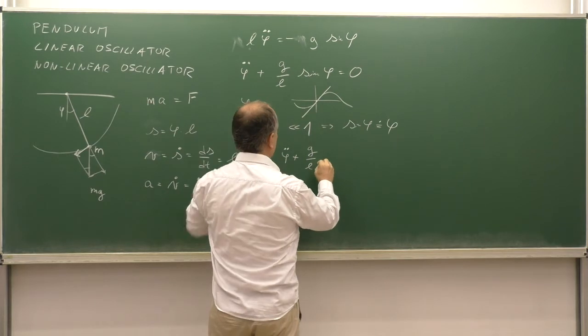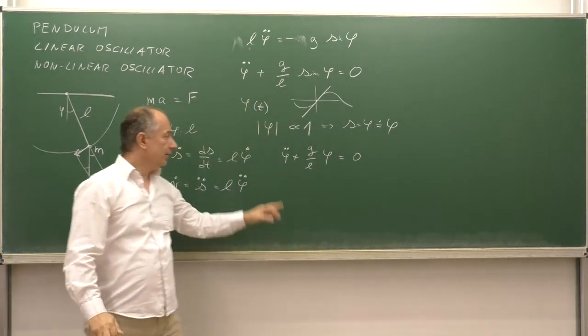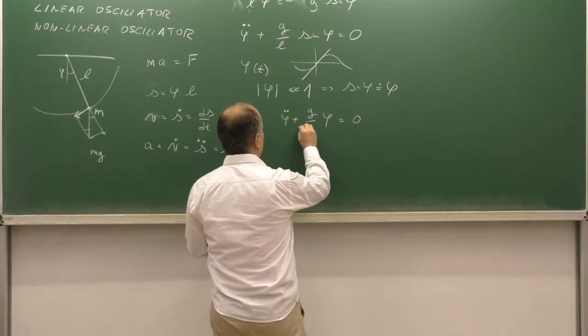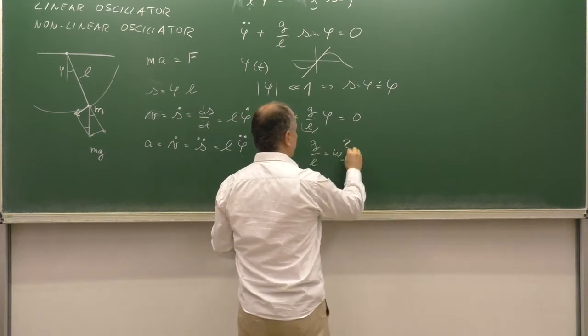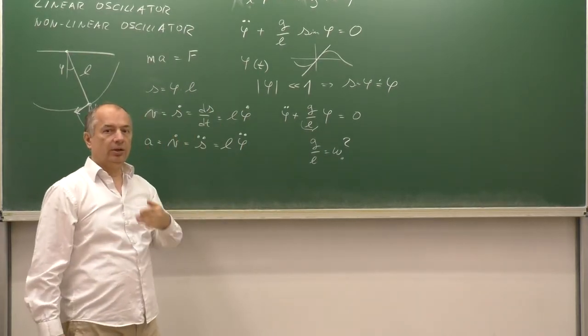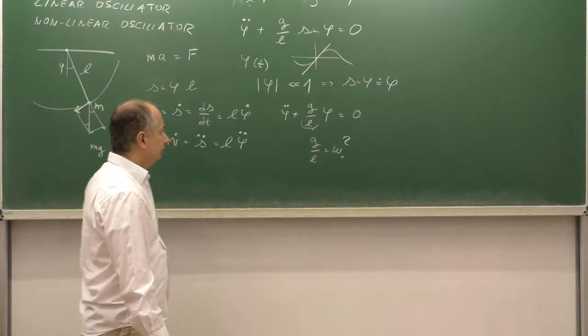Instead of sine phi, we just write phi alone. And this is a linear differential equation. And we already know that this constant has the meaning of the square of the frequency. And we have again sine omega t, cosine omega t, the undamped oscillator.